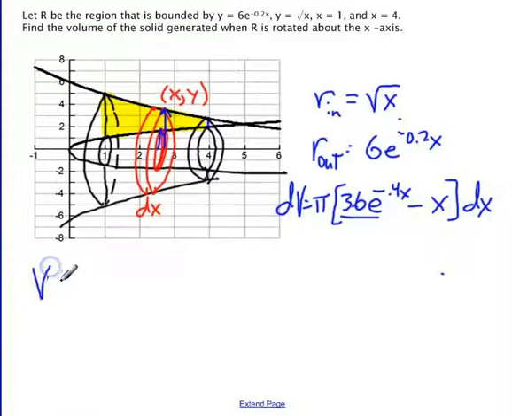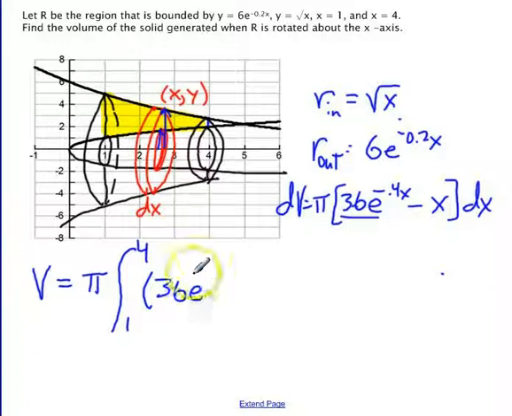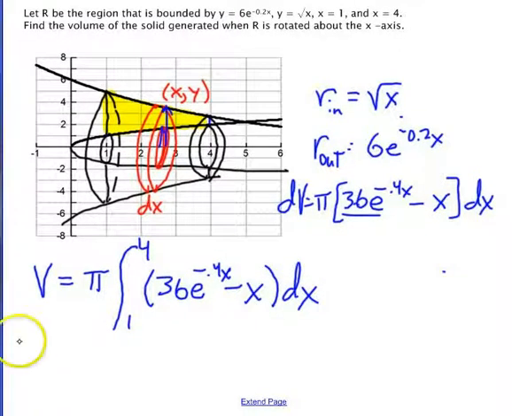So the volume of the whole thing is going to be pi times the integral from 1 to 4 of 36e to the negative 0.4x minus x dx. Alright, so calculator time.